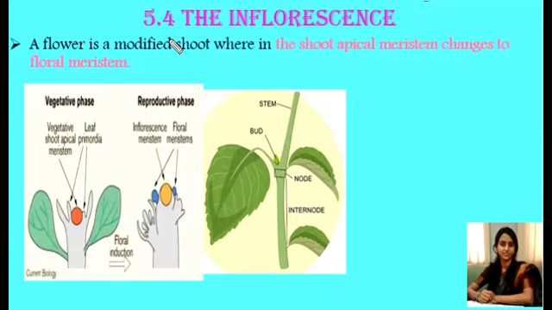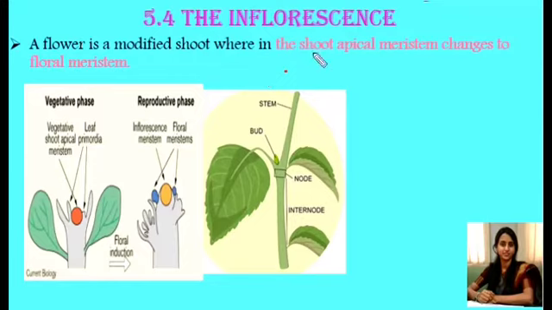Before discussing the inflorescence, we need to understand what a flower is and how these flowers are formed. We all know that the flower is the reproductive part of the plant. In angiosperms the flower is a sexual reproductive part, and it takes part in the process of sexual reproduction. These flowers are modified shoots, and the shoot modification is meant for sexual reproduction.